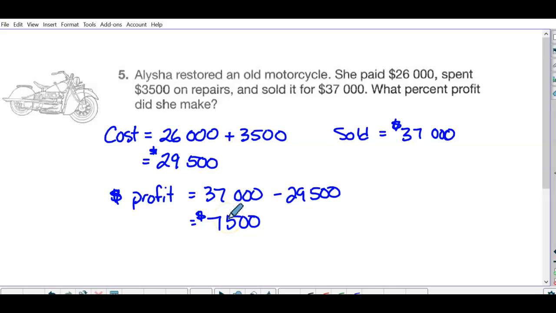Okay, and so then we want to compare that. We usually compare that to the total cost. So not to what she sold it for in this case, because you always want to think what you're referring to. So what percent profit did she make? That means compared to what she paid out.